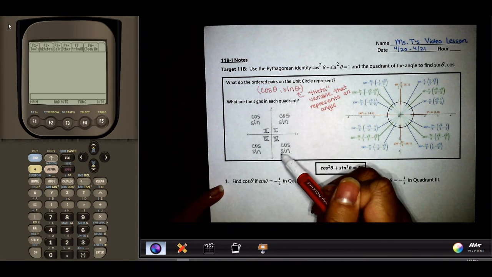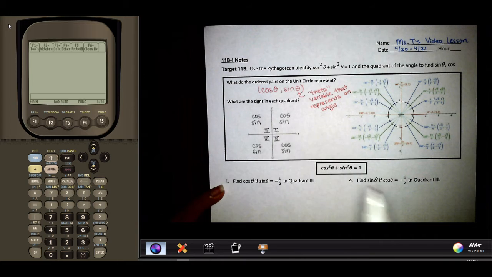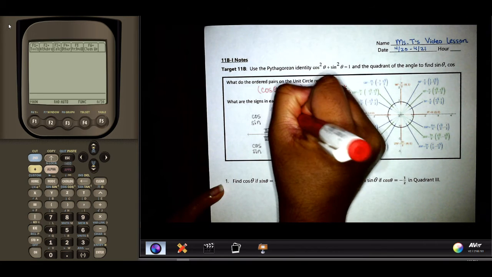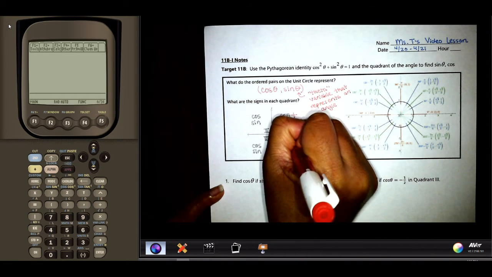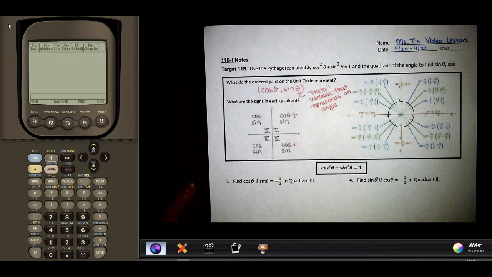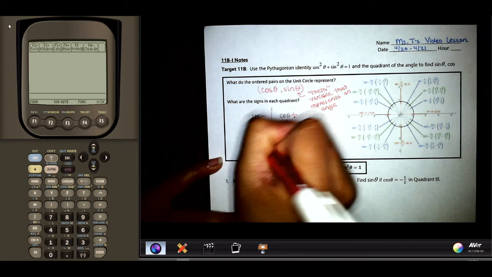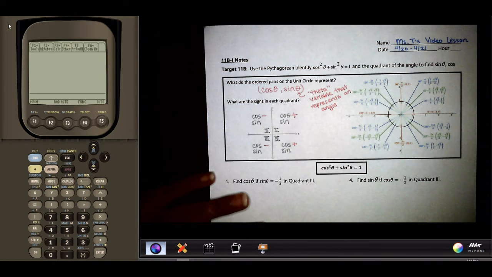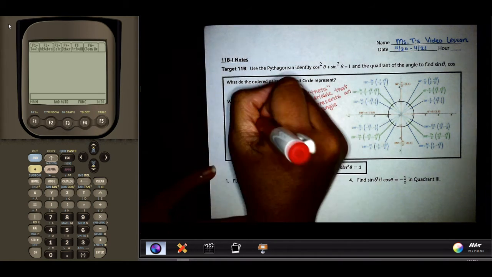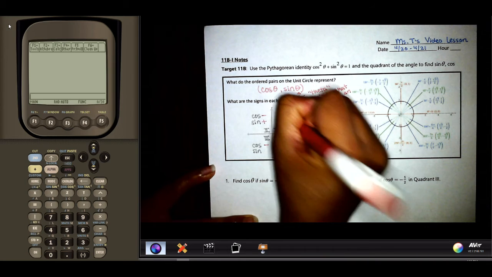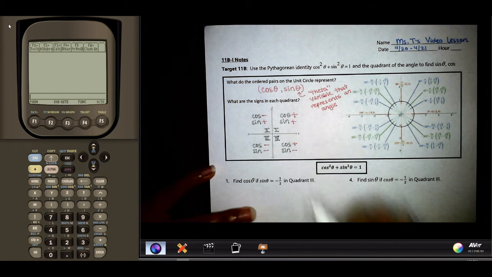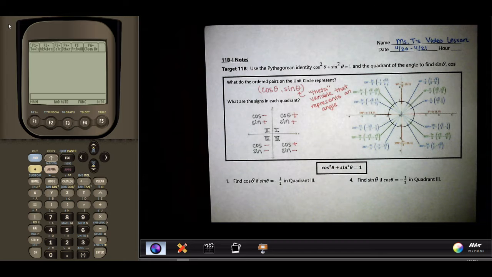On the right-hand side, the x values are positive, and those correspond with cosine, so the cosines are positive. On the left, x is negative, so cosine is negative. Likewise, with sine, above the x-axis, y is positive, so sine is positive, and below the x-axis, sine is negative.